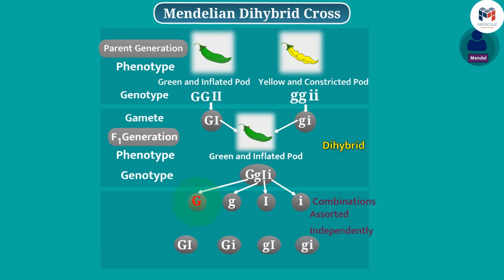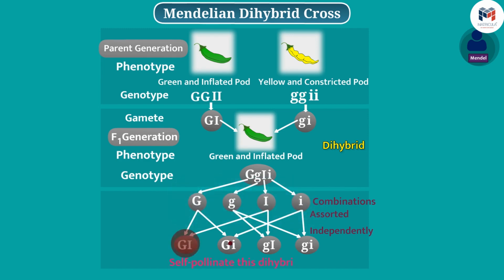Here, allele of green color of pod will be present in 50% of gametes. Similarly, allele of yellow color of pod will be present in 50% of gametes. Similarly, you can see that each of the alleles of inflated and constricted pods is also present in 50% of the gametes.